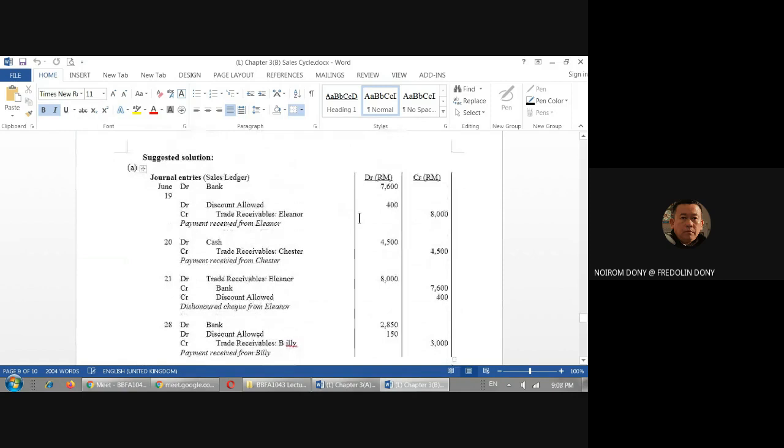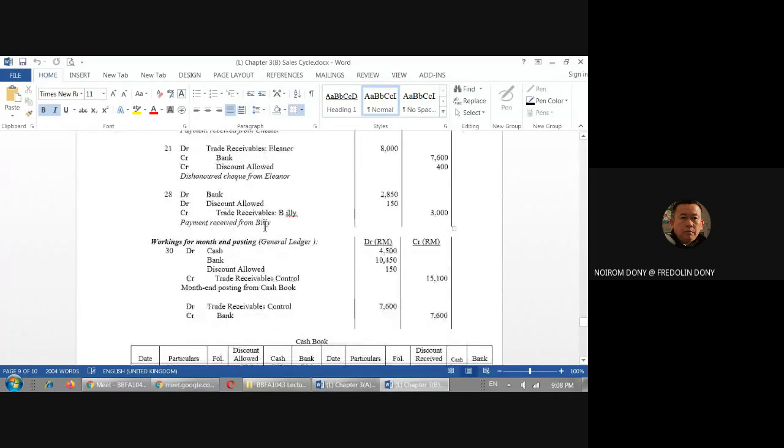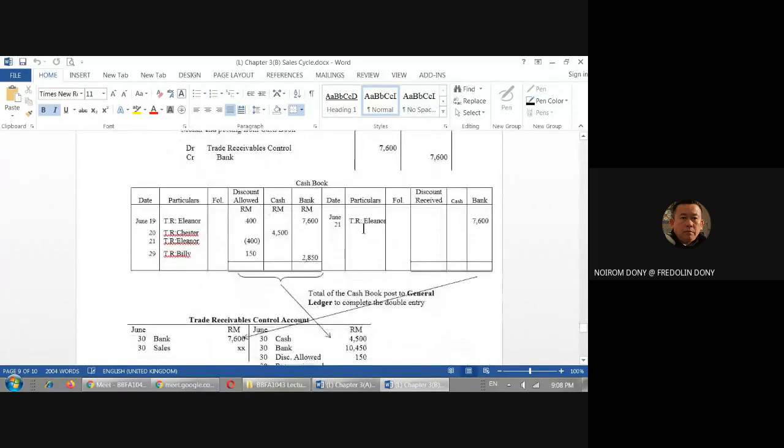This one is the journal entry explaining to you which account is to be debited and credited. Now let me show you how to do the prime entry first. Remember, this is receiving money, in cash or in check form. So therefore the prime entry will be the cash book. Remember at this stage, at this date, transactions 19, 20th, 21st, 29, what we recorded here is not a debit entry.